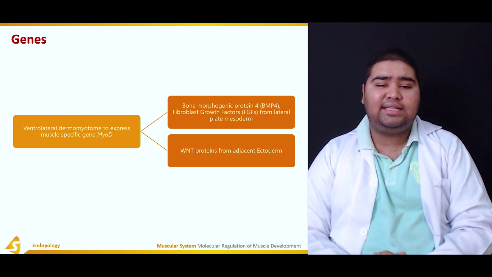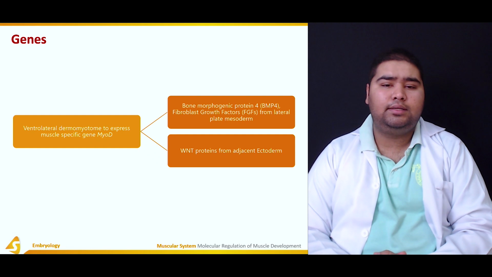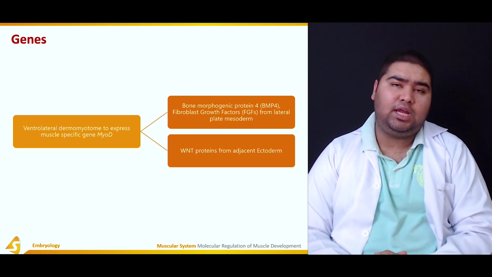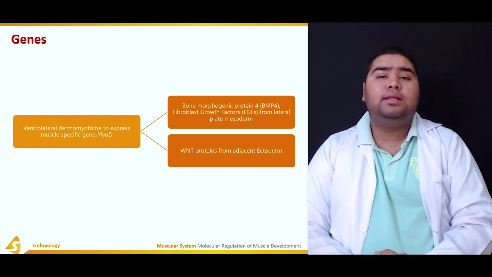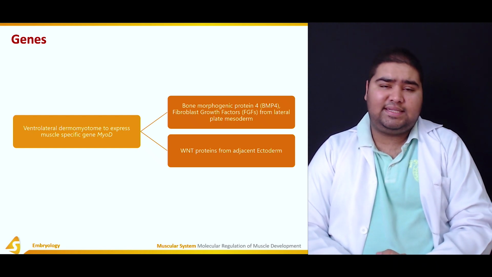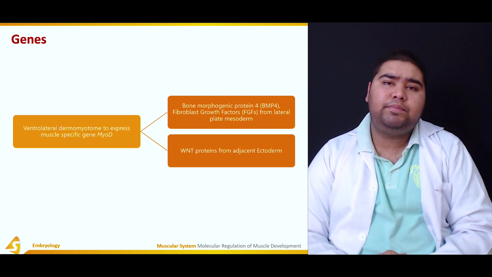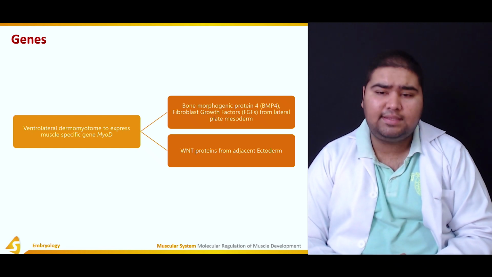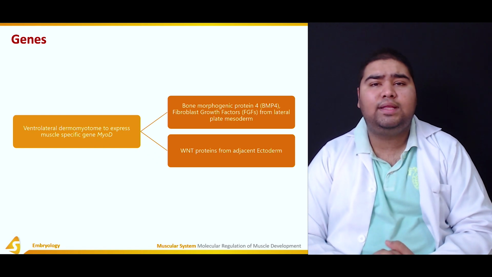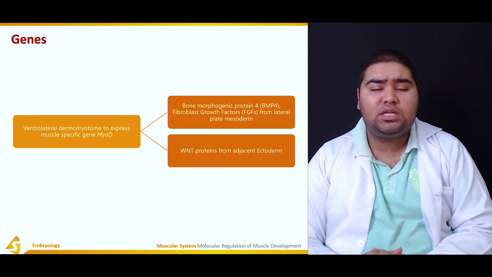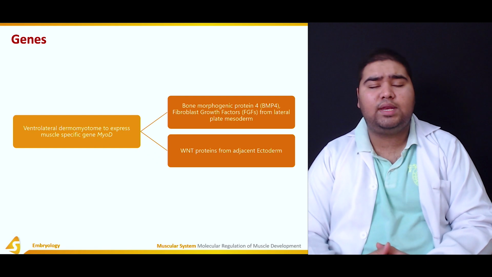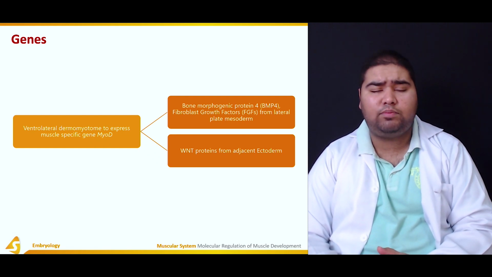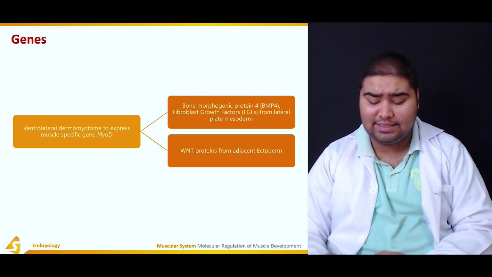Together, they acted on the ventrolateral dermomyotome to express the muscle-specific gene MyoD. This is the most important step in development of muscle in the human fetus. If anything goes wrong with the expression of genes involved in this process, various types of anomalies or complete or partial absence of muscles may be seen.